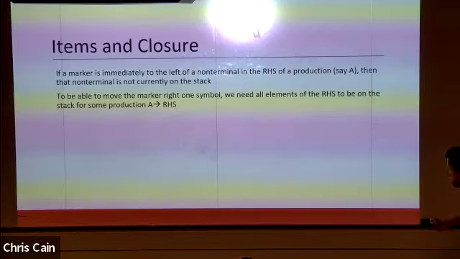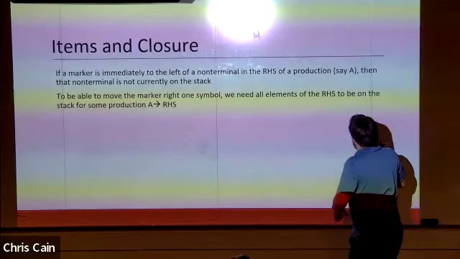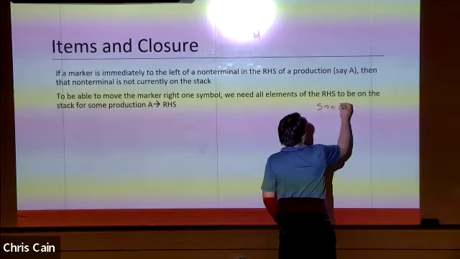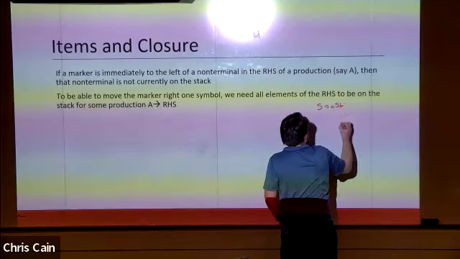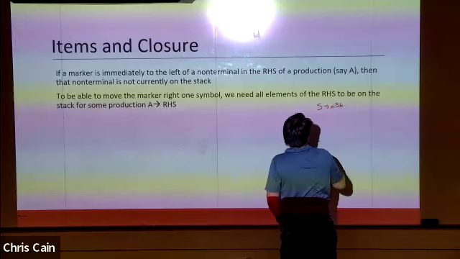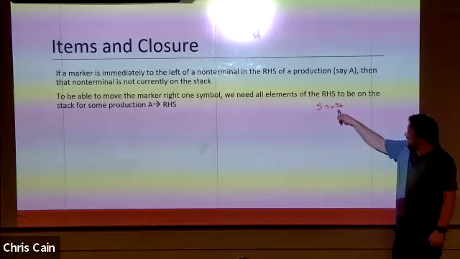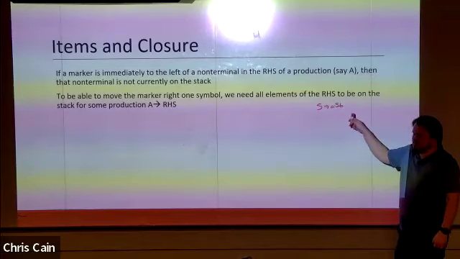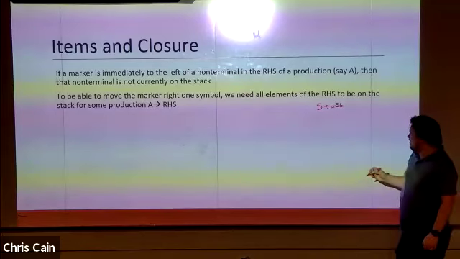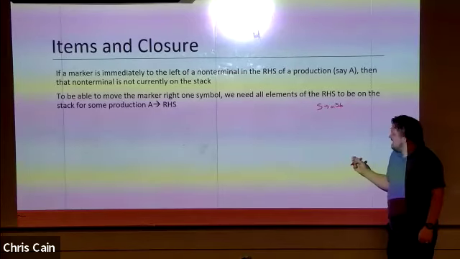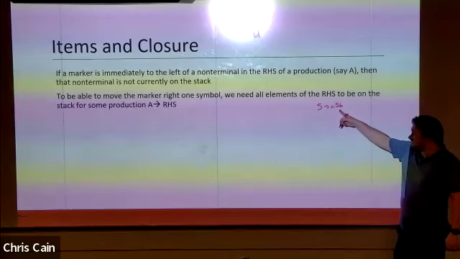Yeah, so we have some right-hand side, like S arrow A capital S B. If we were right here, saying the A is on the stack, we need to see something that can become an S. And what happens if what's on top of the stack now becomes another A? Is that the beginning of something that can be reduced into this capital S?